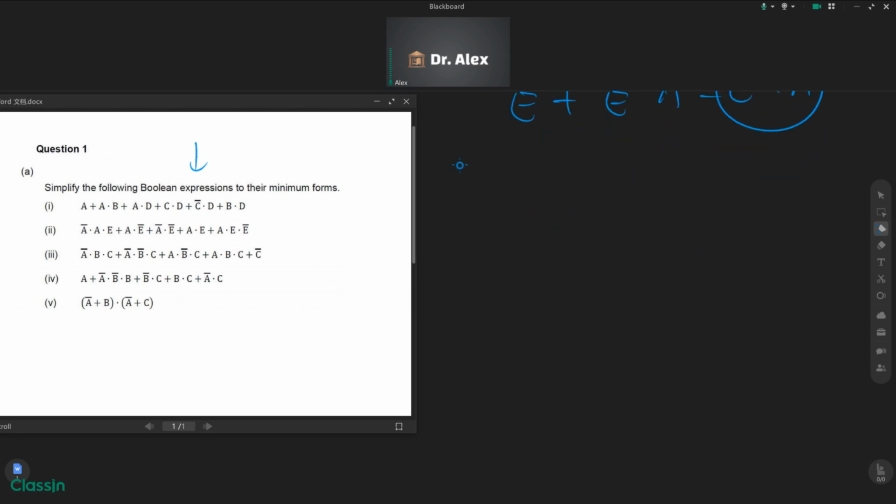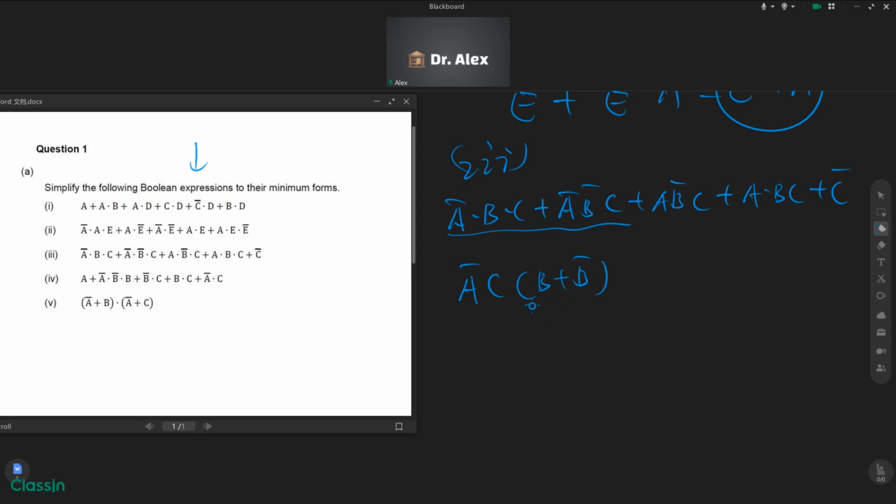Let's move on to the third equation, which is not A, B, C, or not A, not B, C, or A, not B, C, or A, B, C, or not C. Let's look at the first two. We can take the common item not A and C, which is B plus B and not B. This is 1.